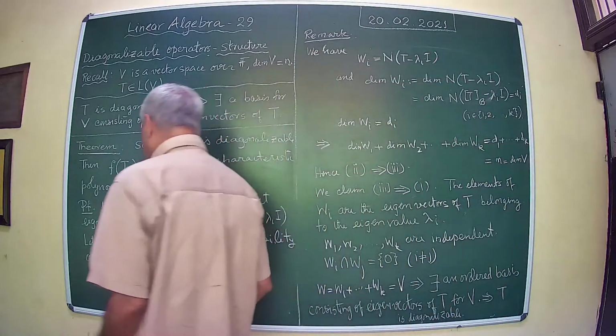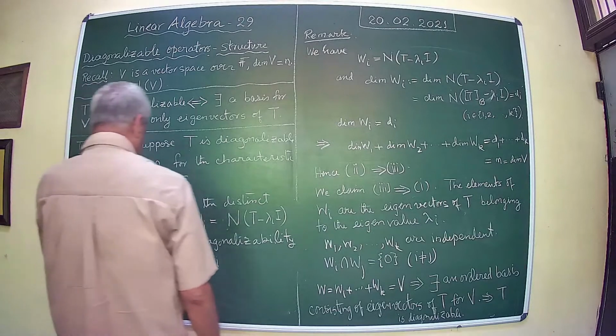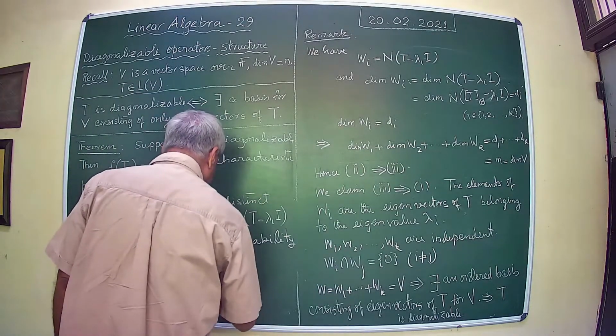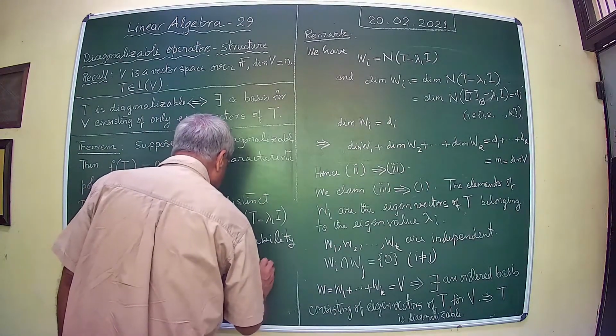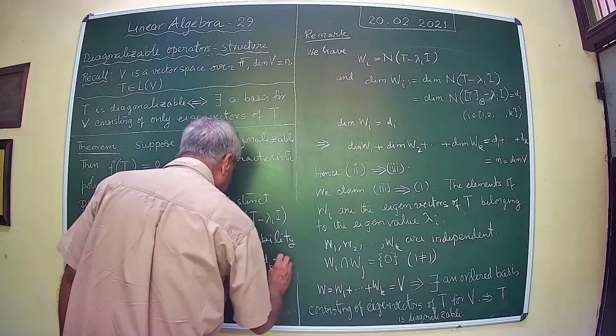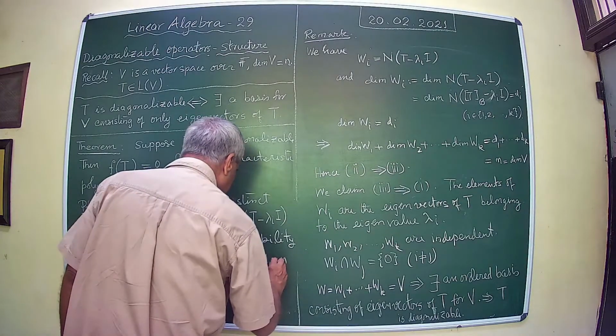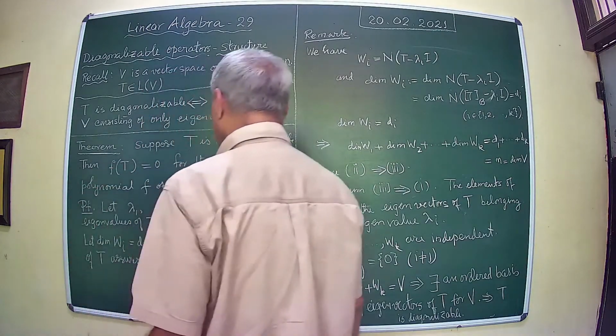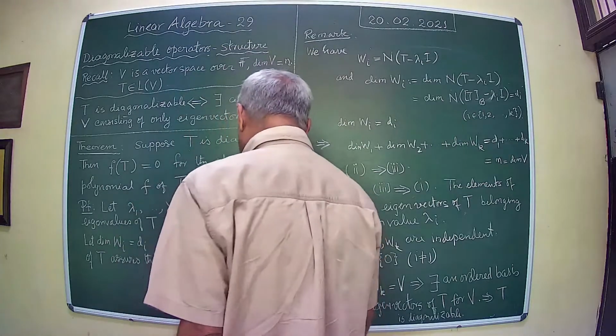Okay. Therefore, of course, d1 plus ... plus dk equal to n. Therefore, let us write down that.